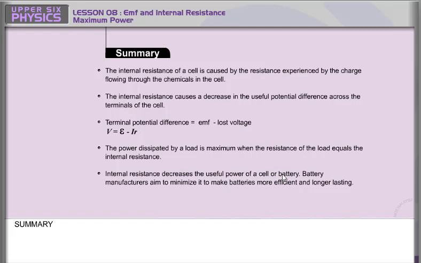Actually, it's not a good thing. It's a bad thing. But nowadays, manufacturers are finding ways to minimize the value of the internal resistance. That's why nowadays we get a cell or battery that can last longer. Because they have minimized the internal resistance, they make the battery effective and longer lasting.